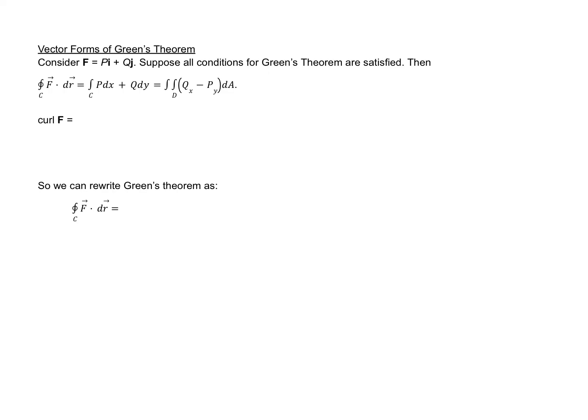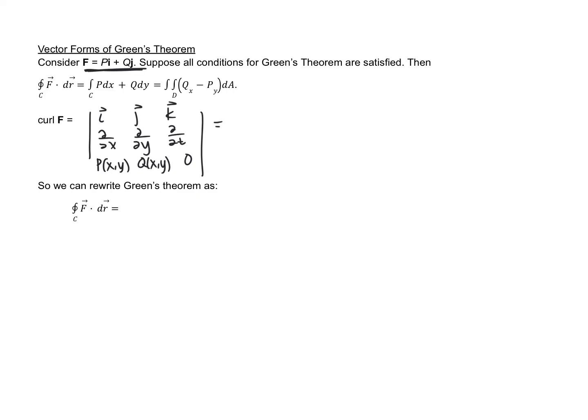So if we want to set up the curl of F, we're going to have i, j, k, partial with respect to x, partial with respect to y, partial with respect to z. The first component is a function of x and y, the second component is a function of x and y, and the third component is 0, so that's off of our vector field above.